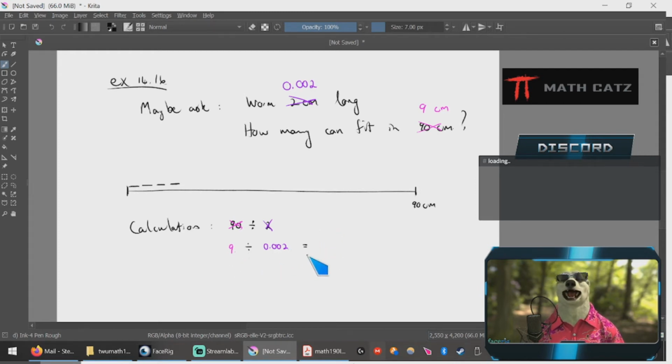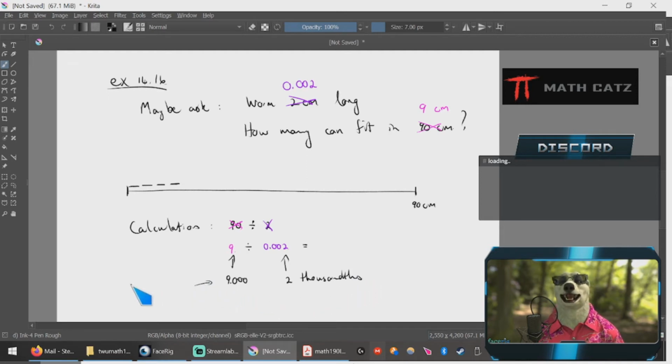So now I can look at this in terms of thousandths maybe, and remember that this is 9.000. So this is 9,000 thousandths. And this is 2 thousandths.